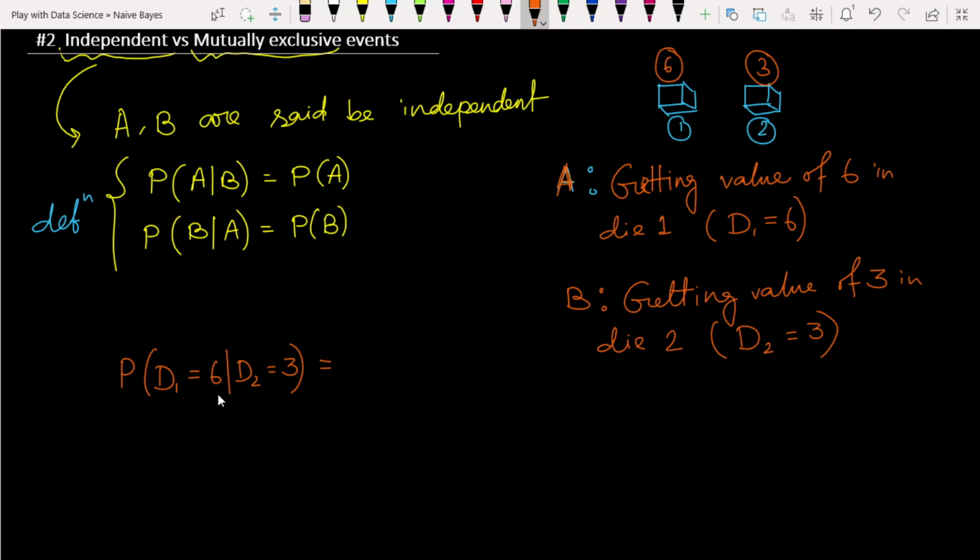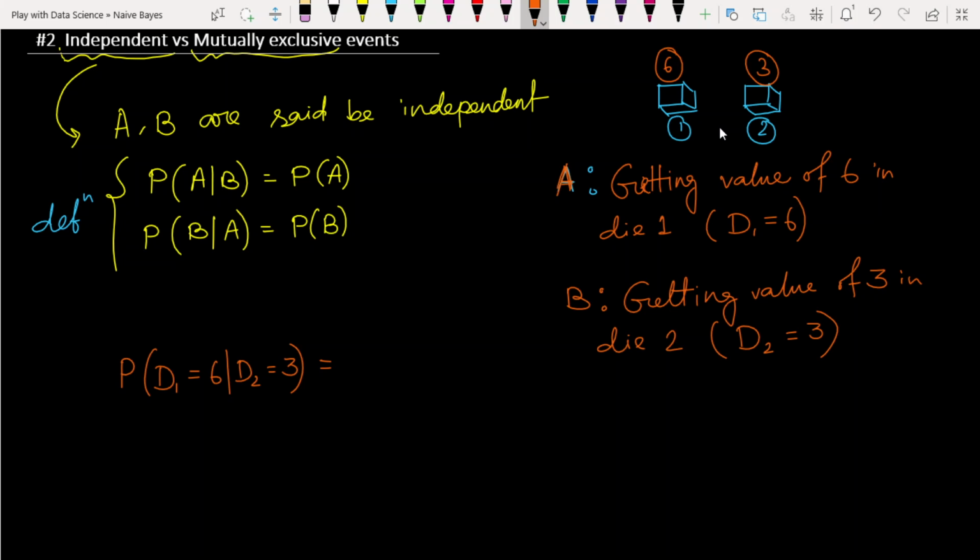If we throw two dice, d1 and d2, and we have already got the value 3 on die 2, then what is the probability that die 1 shows 6? You see, the throws of these two dice are totally independent. They do not depend on each other.